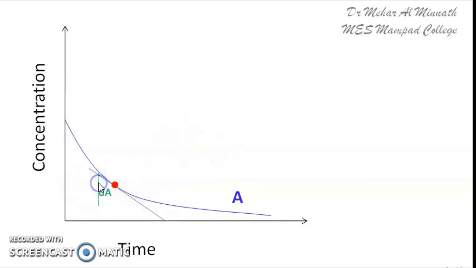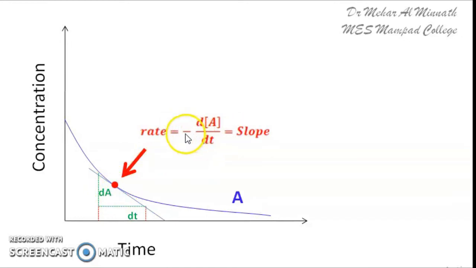So this will be the dA and this will be the dt, with this time interval dt infinitesimally small. You take the slope. So the instantaneous rate at this particular point will be minus dA by dt. That is the slope of this tangent. That's how you plot the graph and then determine the rate of the reaction graphically.